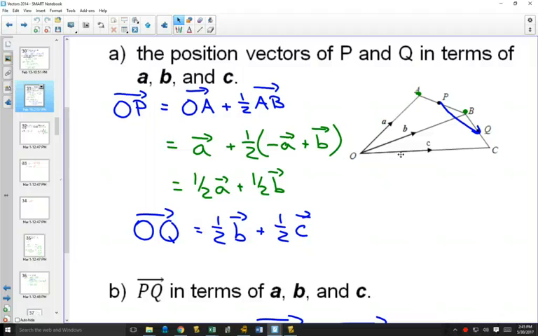So there's OP and OQ. So check it out. If I went halfway along A and halfway along B and join those together, do I end up at P? Not bad.